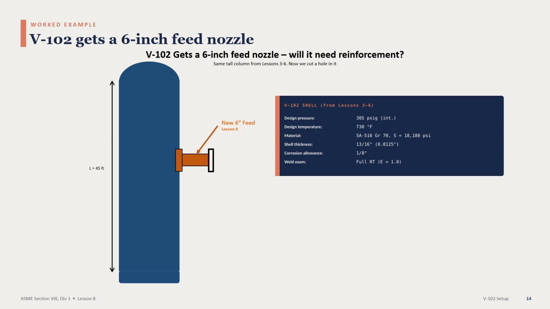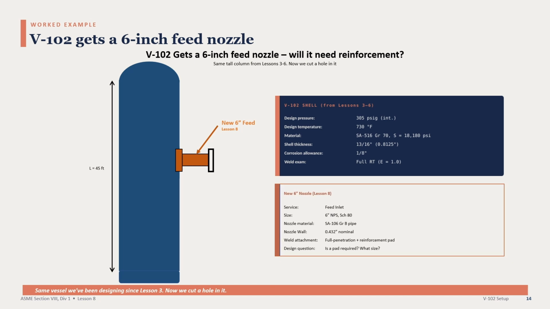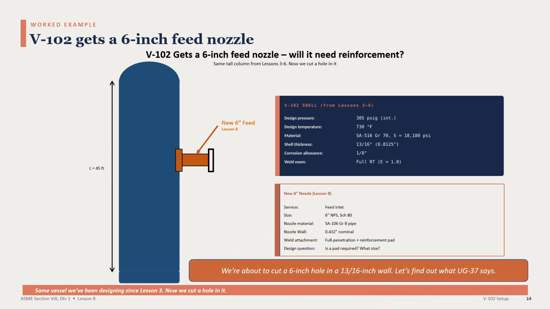Now we are adding a real detail, a 6-inch feed nozzle on the shell, 6-inch nominal pipe size, schedule 80, material SA106 grade B pipe, standard for process nozzle at this temperature, nominal wall thickness 0.432 inches, full penetration weld to the shell plus a reinforcement pad.